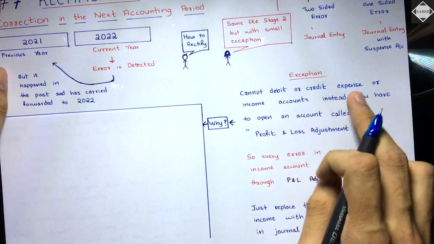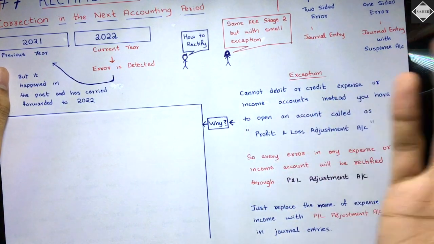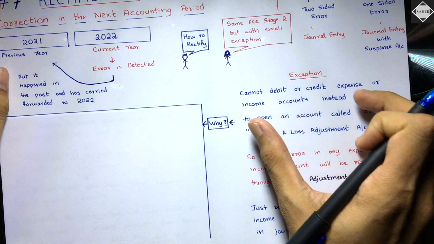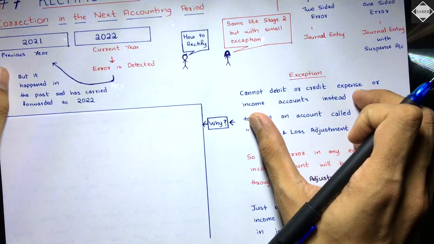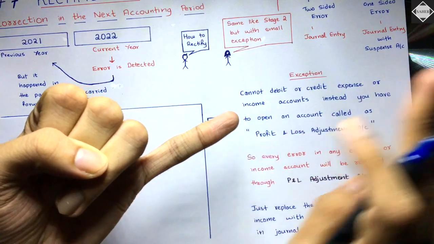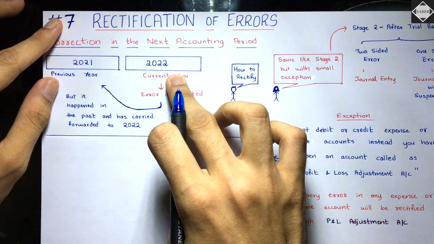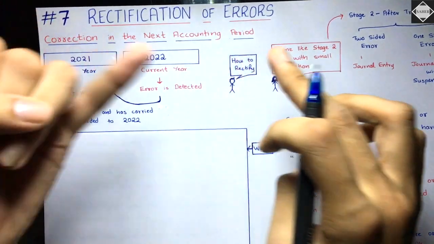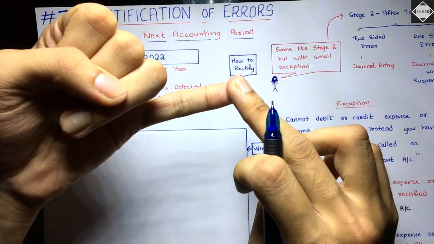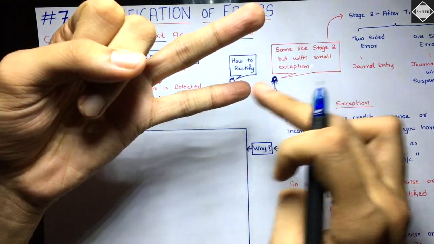Now what happens to expenses and incomes? Tell me. Expenses and incomes are what? These are nominal accounts. If you don't know what nominal accounts are, leave that. Expense or income accounts, what happens with them? They go to the profit and loss account. They are not carried forward to the next accounting period. We just take the revenues and incomes, and then we take the expenses that have been incurred to earn that income.